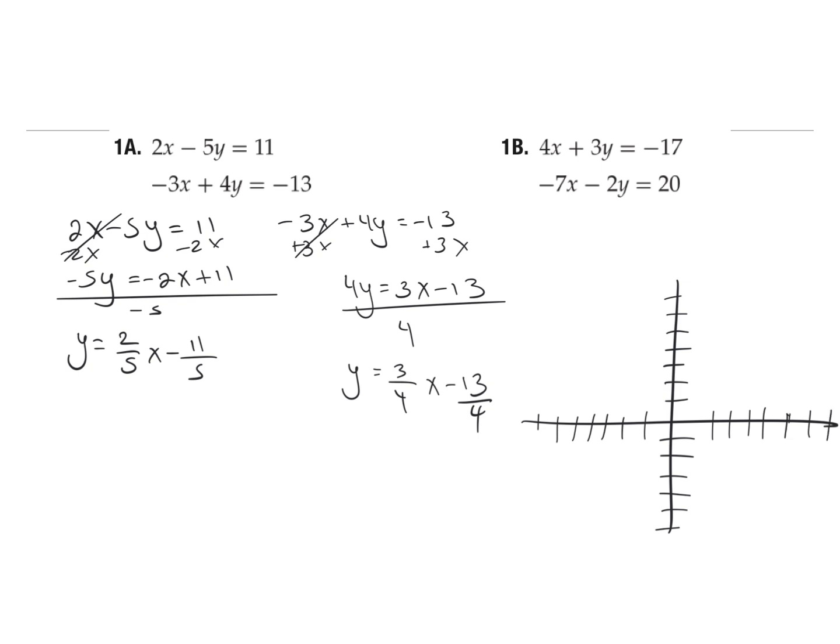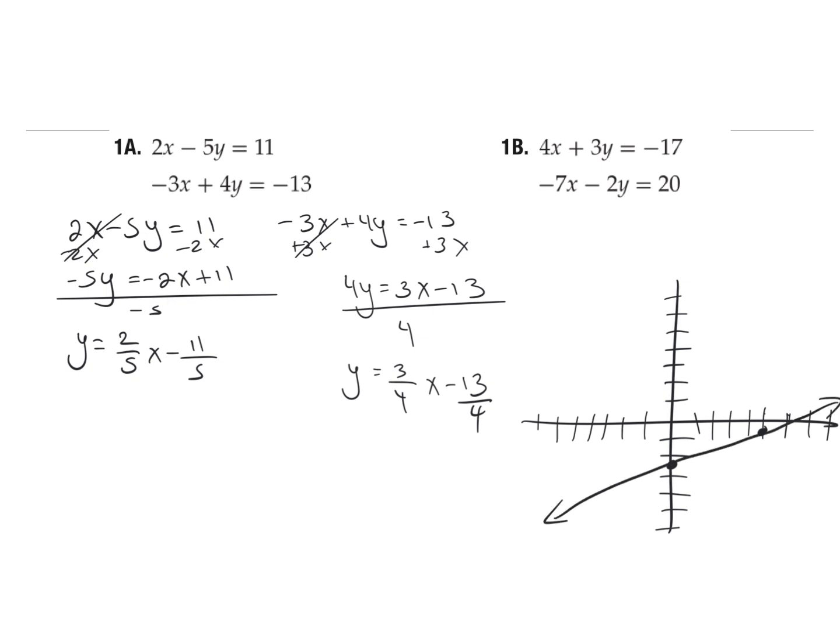Okay, so we're just going to do the first one. So negative 11 over 5 is going to be negative 2 point something. So I'm just going to go ahead and plot it right there. We go up 2 and 5 to the right. So we're going to get a line that's going to look kind of like this.